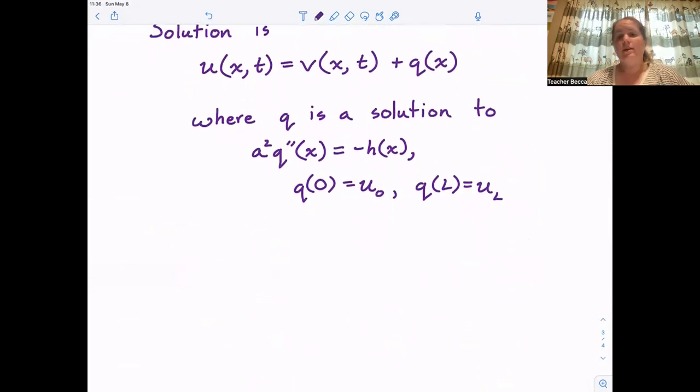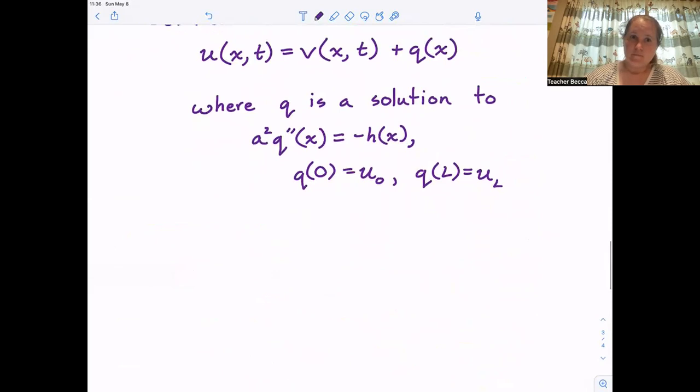Note, if there is no external heat source, if we just have the ends fixed at non-zero values, this solution is just a straight line.